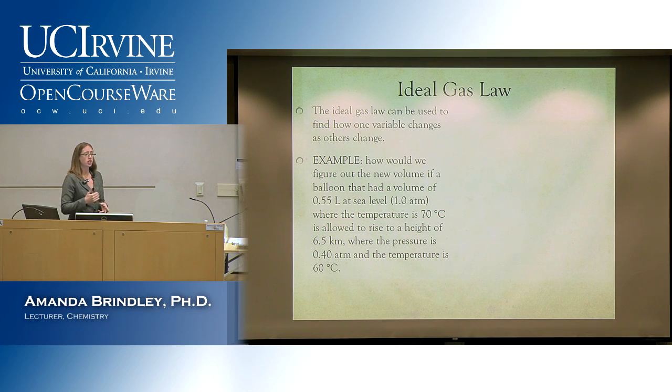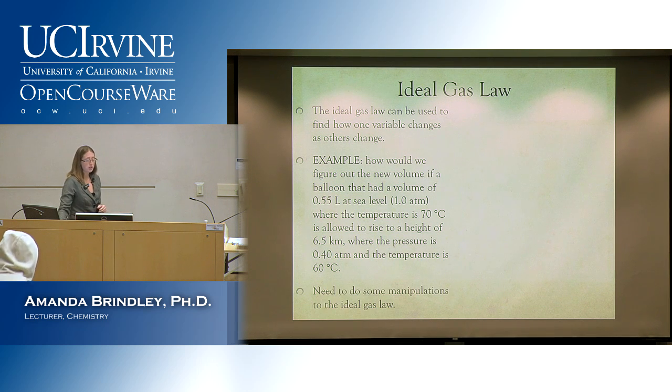So now we're changing a couple of things. We're lowering the pressure, which would do what? Increase or decrease the size of the balloon? You're lowering the atmospheric pressure, the pressure around it. And then we're changing the temperature, we're making it colder. So what would happen there? Decrease. And we can see what's going to happen to it.